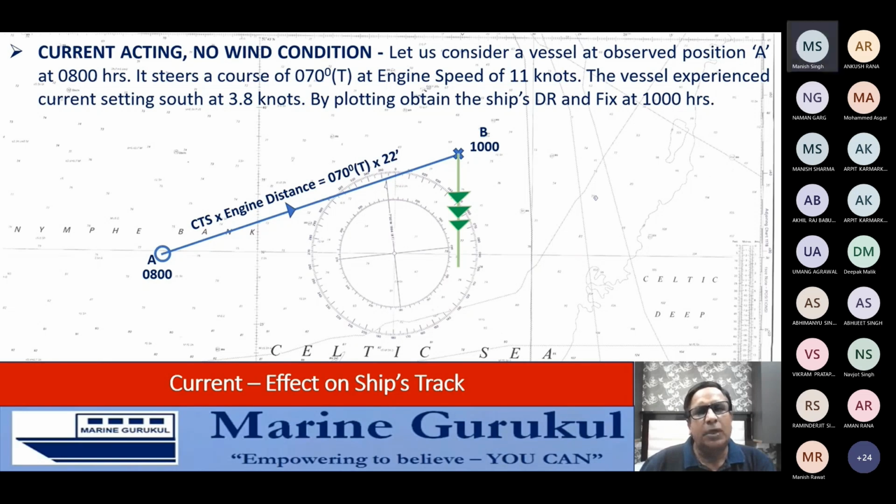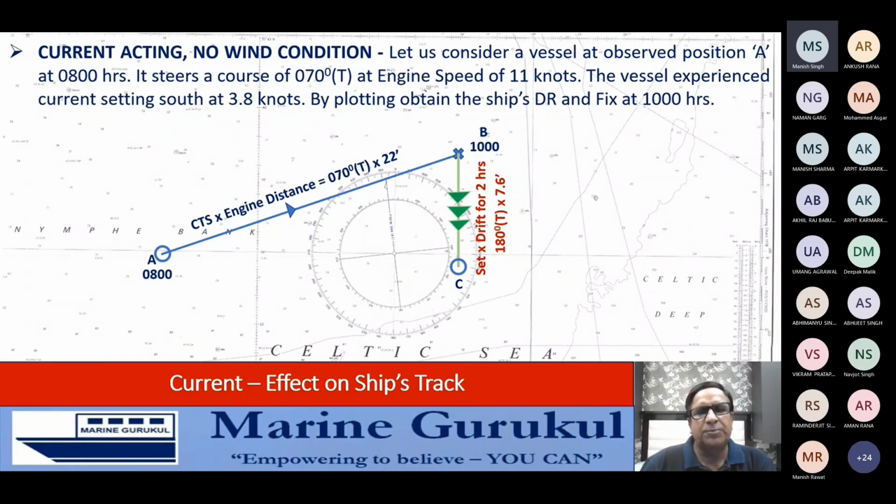If the vessel drifts for 2 hours, then she would have drifted through a distance of 3.8 into 2, equal to 7.6 miles, and she would reach point C. Now that means 2 hours of propulsion vector, 2 hours of current vector, both acting for 2 hours each.